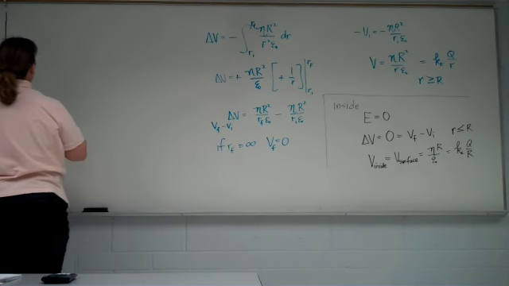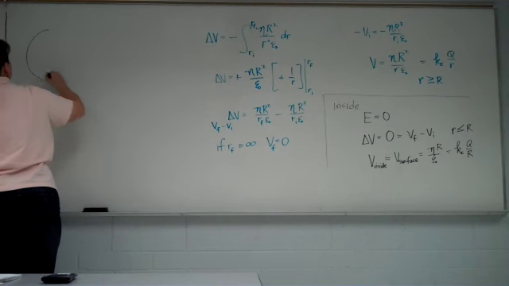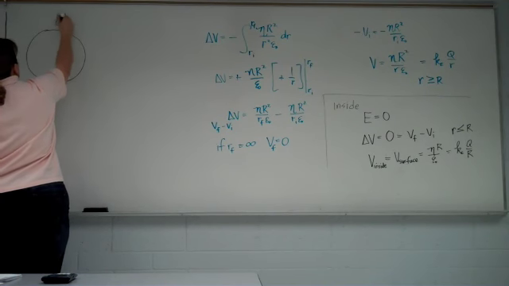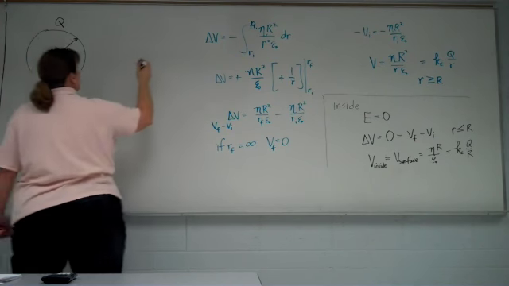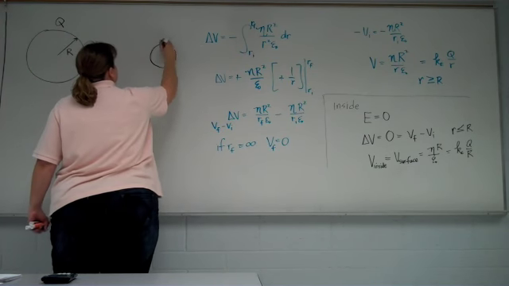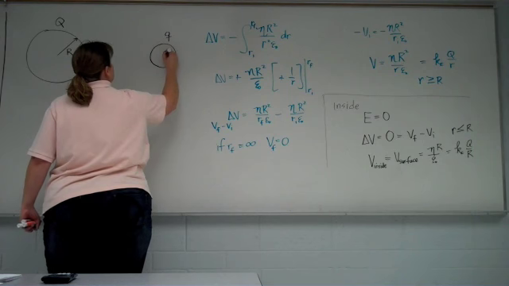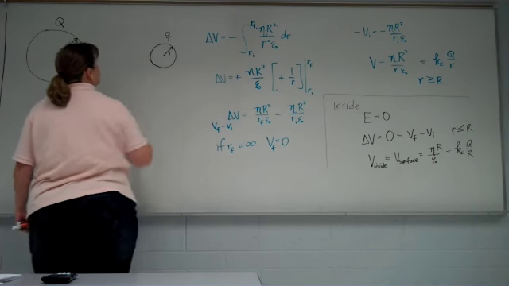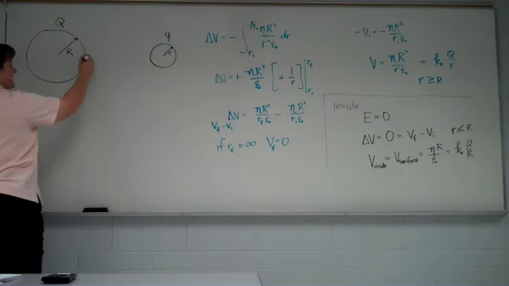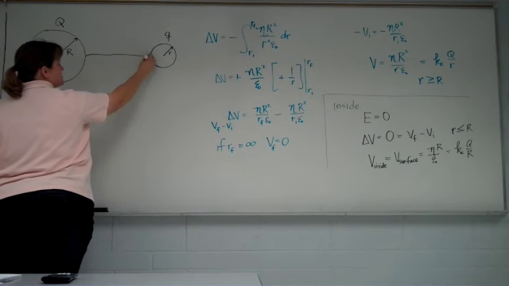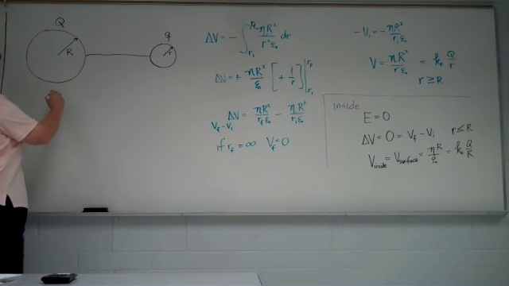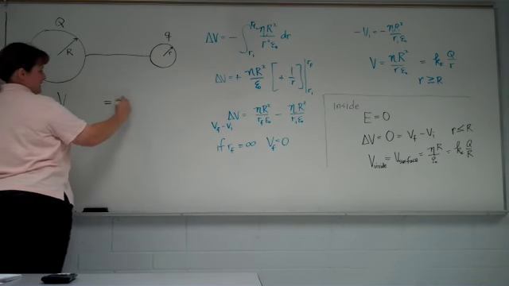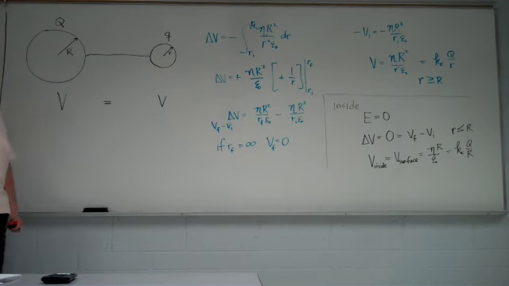That means if I have, say, a sphere with a total charge big Q and a big radius big R, and I had a smaller sphere with charge little q and little radius little r, if I connect these up by some sort of conducting wire, of course, the charges are going to move around until V for this one equals V for this one.